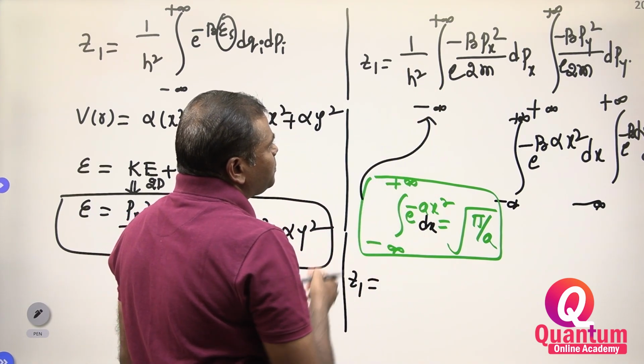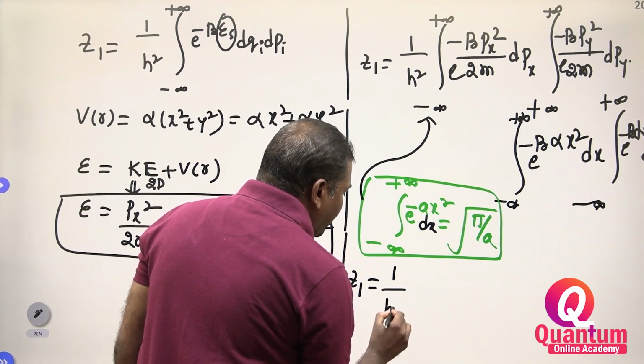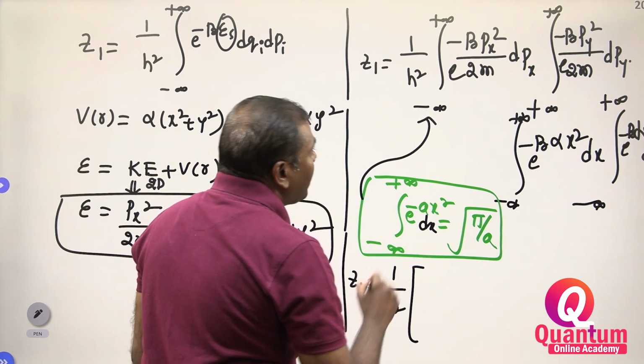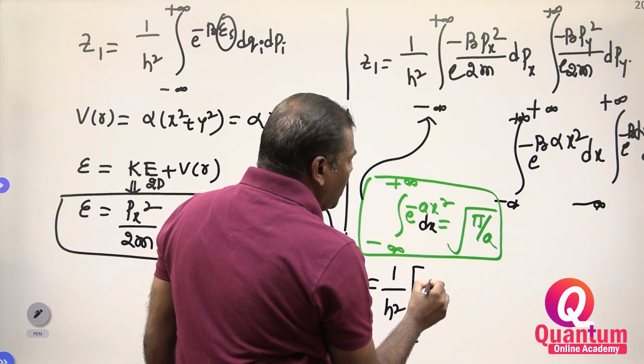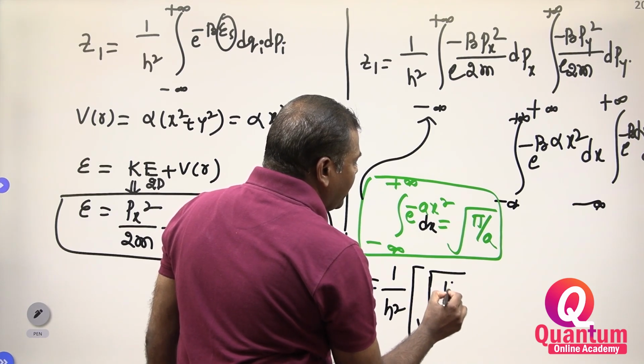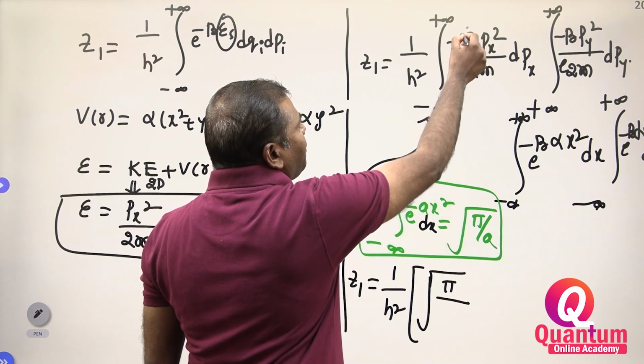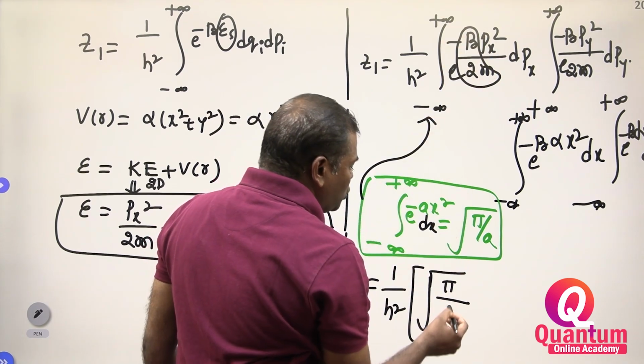Z1 is equal to 1 by h square into 1 by h square into root pi divided by, instead of a, beta by 2m.